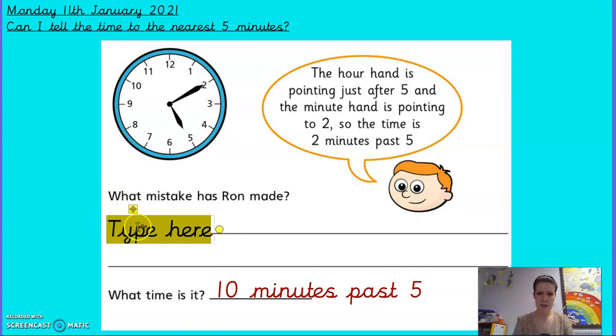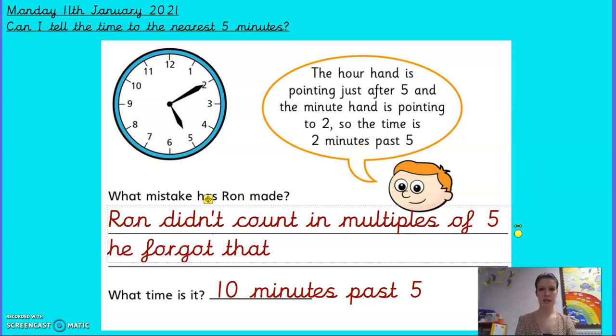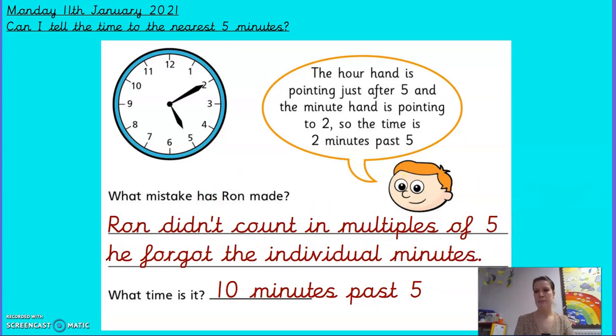So I would say Ron didn't count in multiples of 5. He forgot the individual minutes. And you might have explained that slightly differently, but if you've understood that question, then that's absolutely fantastic.